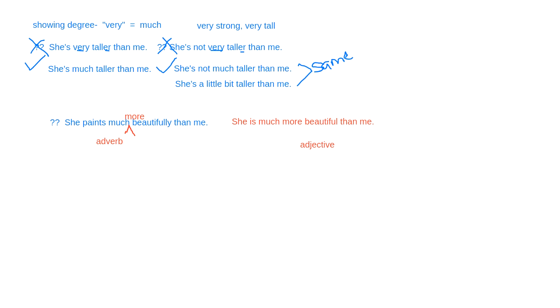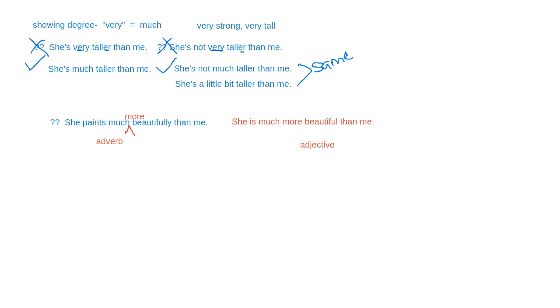Okay. Look at the chart on page 235 again. Maybe I can help explain this a little bit more. Page 235, and look on the right side where you see, look where it says more and most.